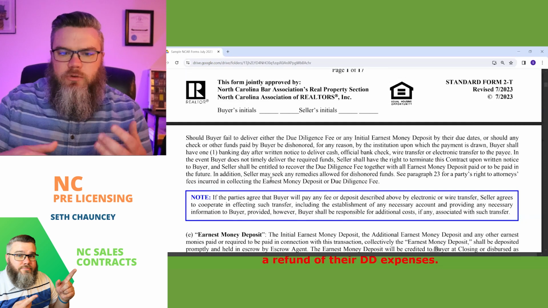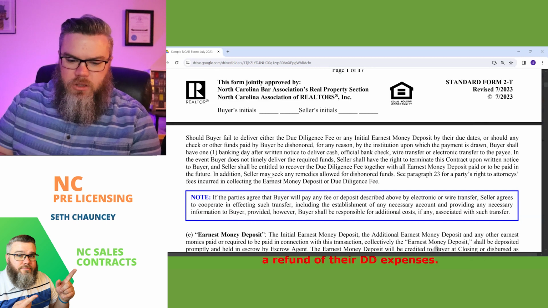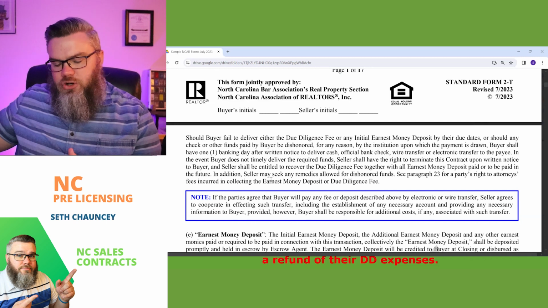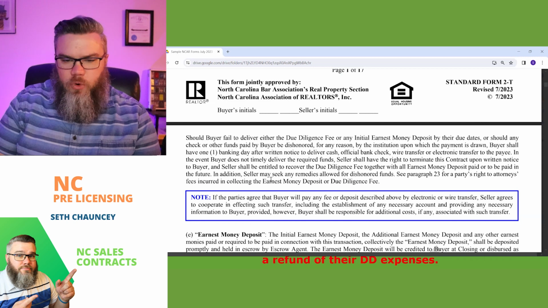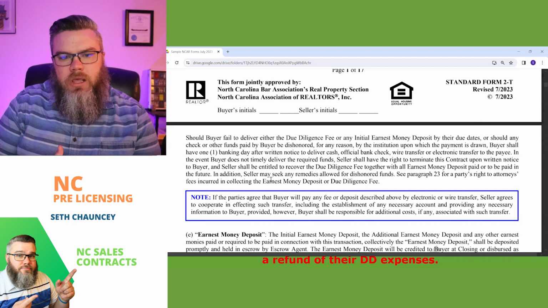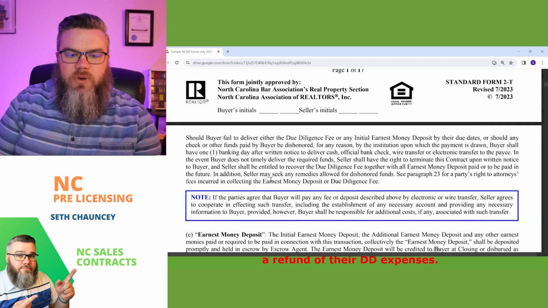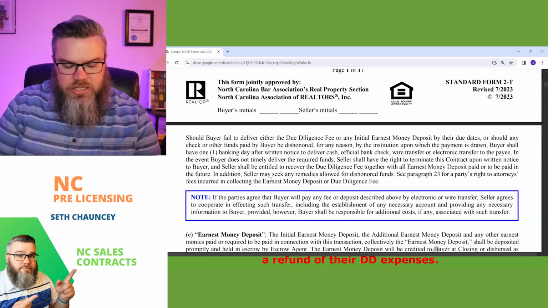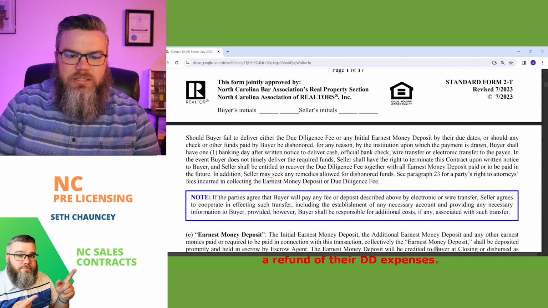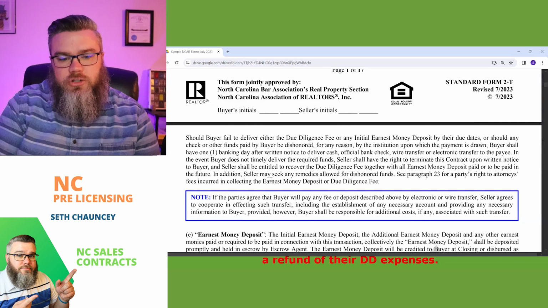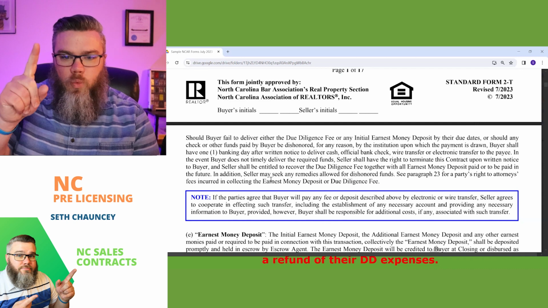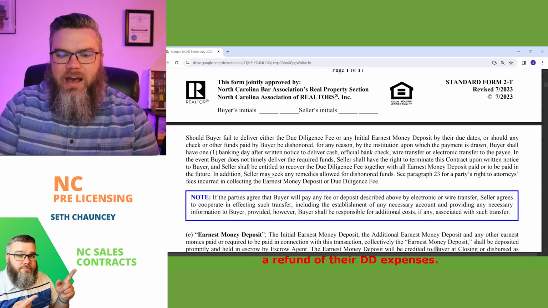We all know that if you terminate during due diligence, you would just lose your due diligence but get your earnest money back. If you terminate after due diligence, you would forfeit both. However, there's a problem. If you fail to deliver either of these monies by their due dates, the seller would have to provide you with written notice of your failure to do so and give you one banking day after that written notice.